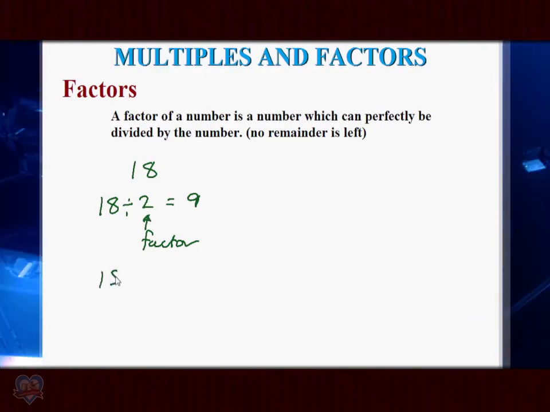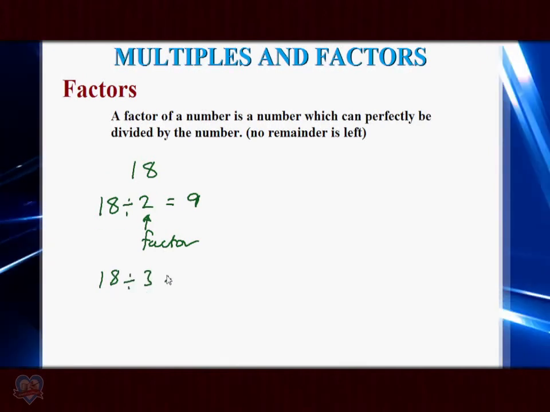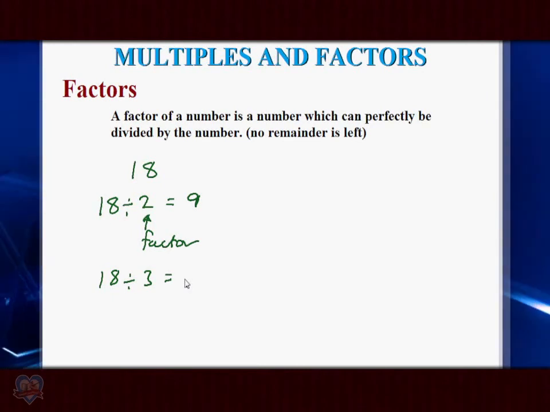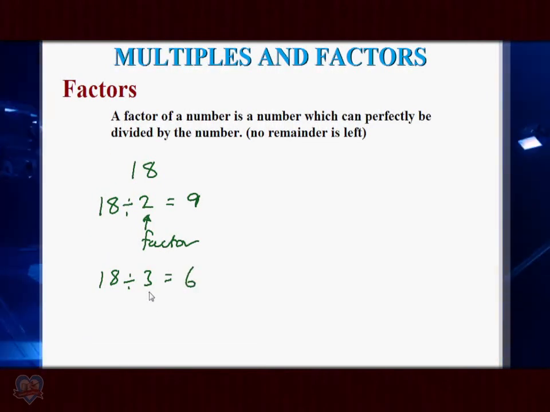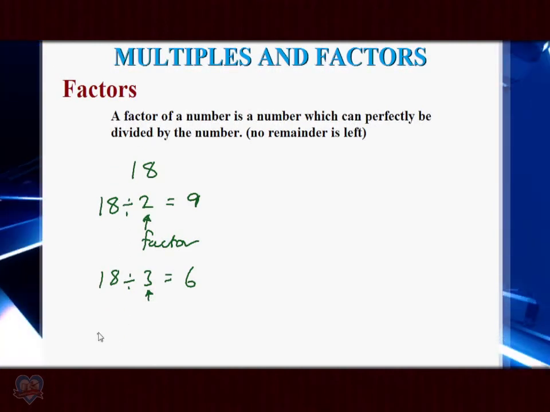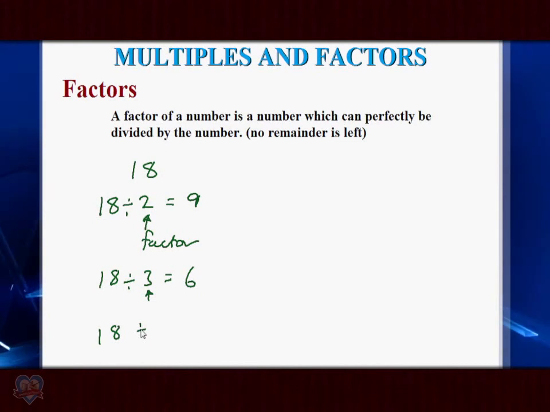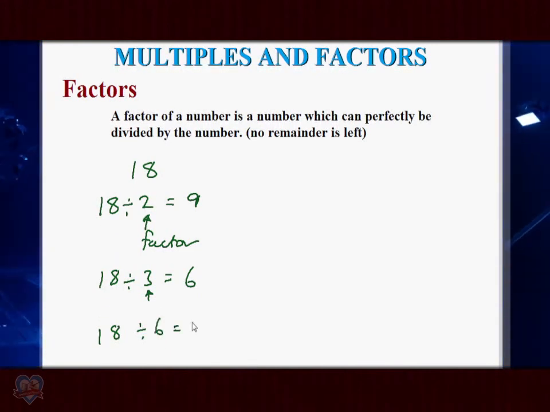18 divided by 3 is equal to 6. So the 3 is also a factor of 18. 18 divided by 6 is 3.